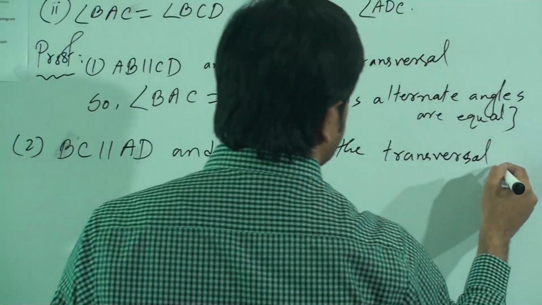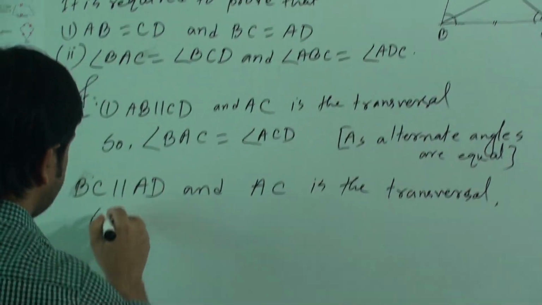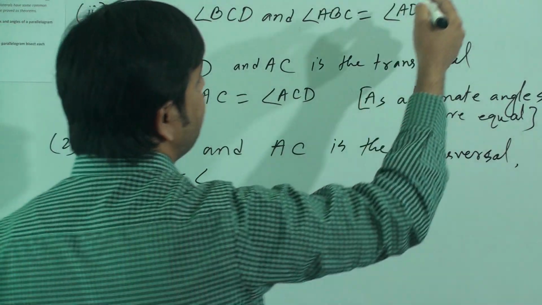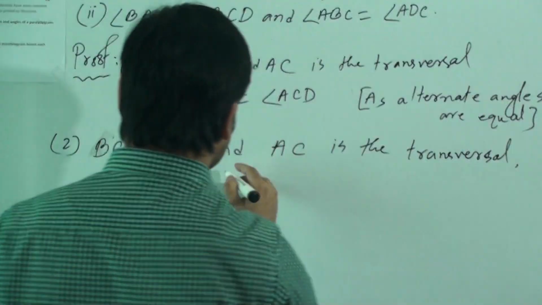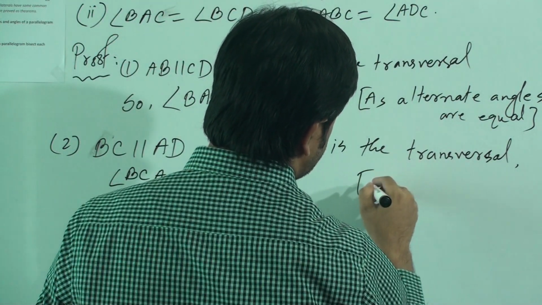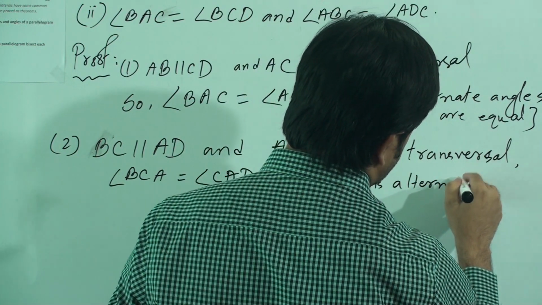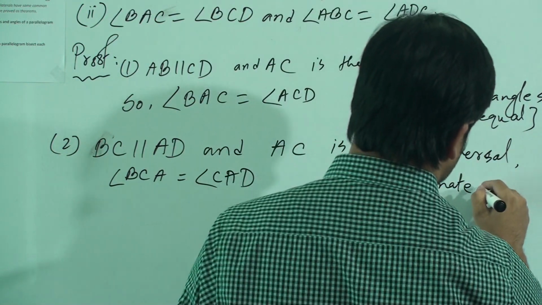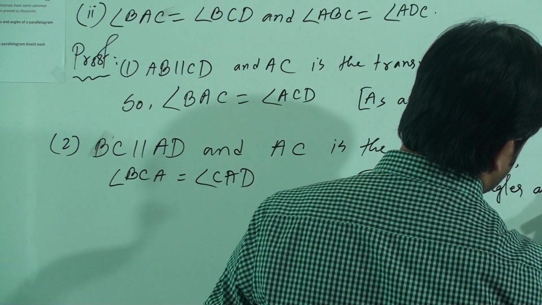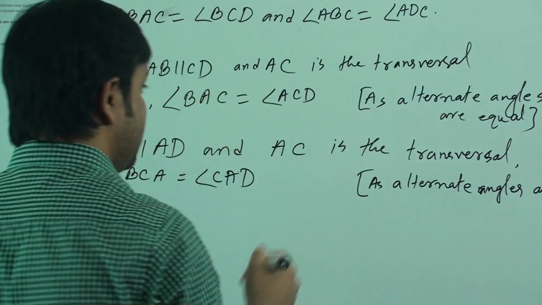So we can say angle BCA is equal to angle CAD. Same reason, as alternate angles are equal. So this is the justification.